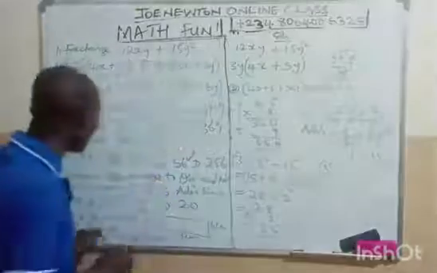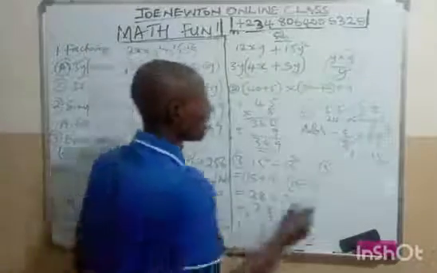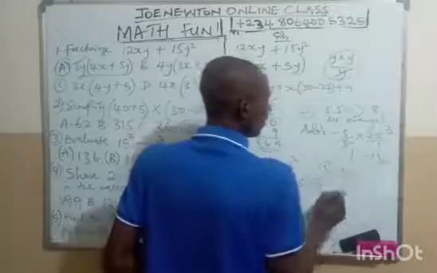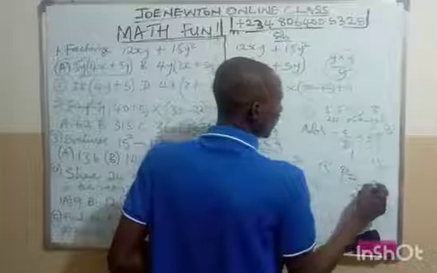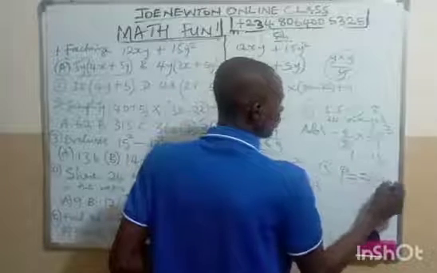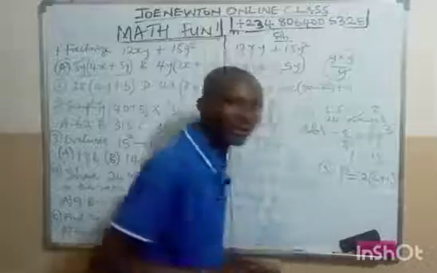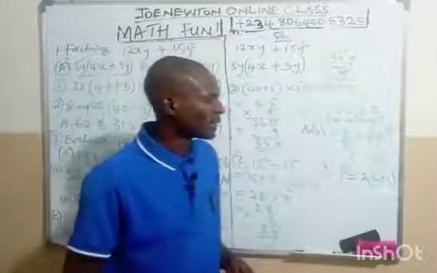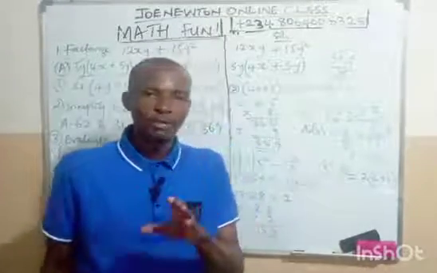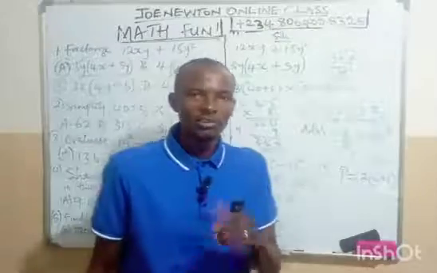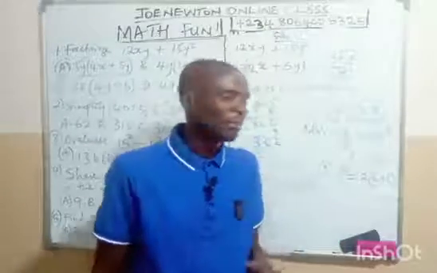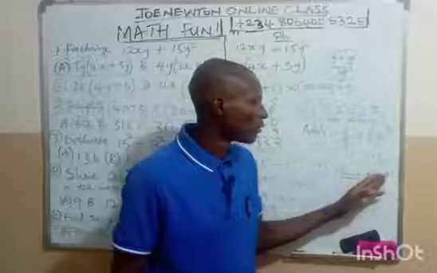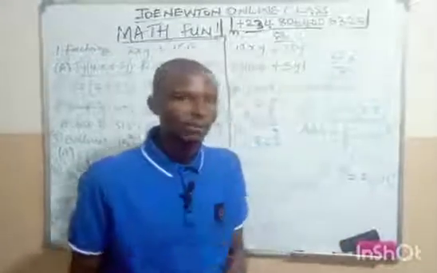So the perimeter of a rectangle is P is equal to 2 bracket length plus width, or length plus breadth. That's the perimeter of a rectangle. It is different from area. Area of a rectangle is length times breadth, but the perimeter is 2 bracket length plus what? Breadth. So you should know the difference.